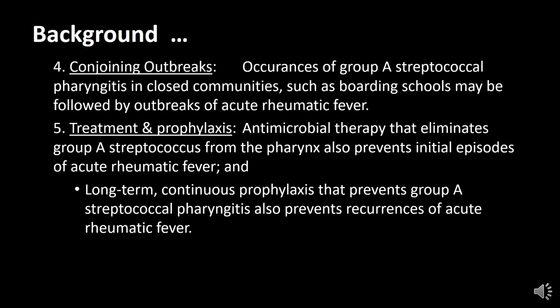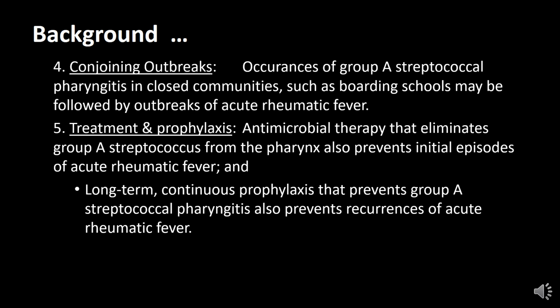Link number 5 is the treatment, observations in treatments and prophylaxis. It's been found that antibacterial therapy that effectively eliminates the group A streptococcal bacteria from the pharynx also prevents initial episodes of acute rheumatic fever. That is not all.